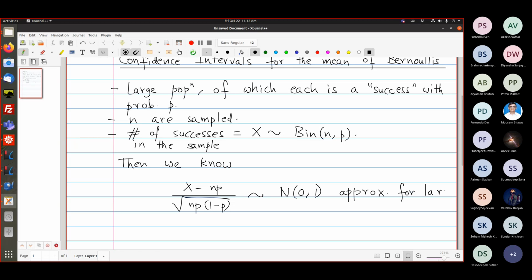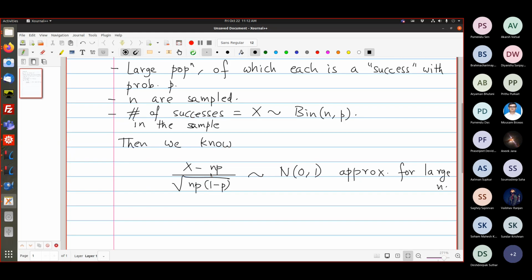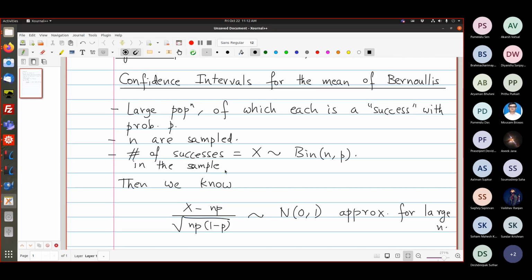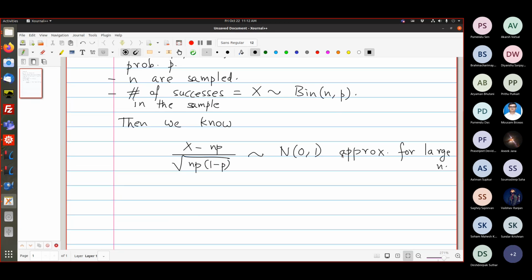So we will always assume that n is large enough. Even 20, 30 is probably enough. Okay. So we want to determine a confidence interval for p. Right? p is the mean of a Bernoulli random variable, and a binomial is a sum of independent Bernoullis, so IID Bernoullis.